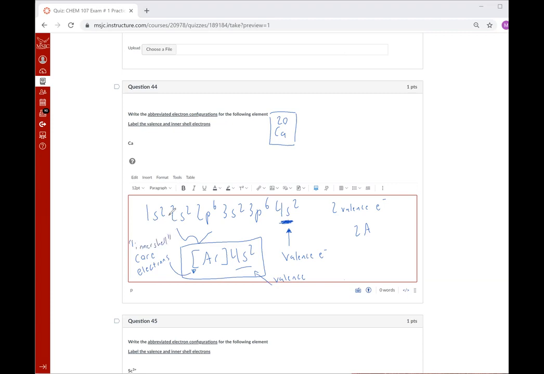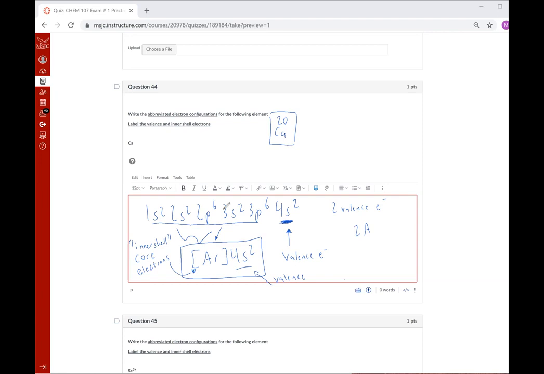Professor, why wouldn't the 3s and 3p be called the core electrons? They're also part of the core electrons. All of these electrons from 1s2 all the way to 3p6 are summarized and abbreviated using our noble gas core of argon. Does that make sense? Okay.